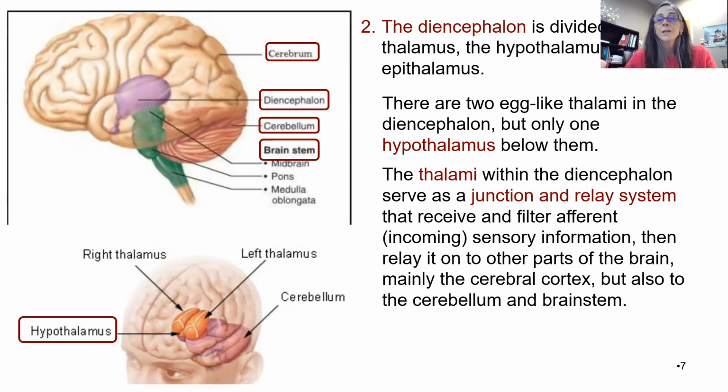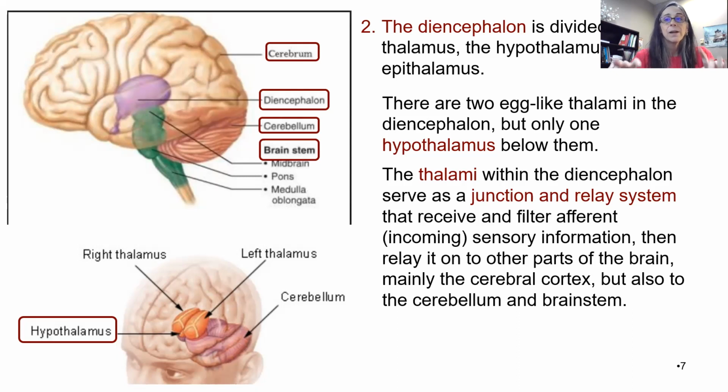Information coming from other parts of the body, especially from the peripheral nervous system, outside of the central nervous system, will go to the central nervous system and then come up.